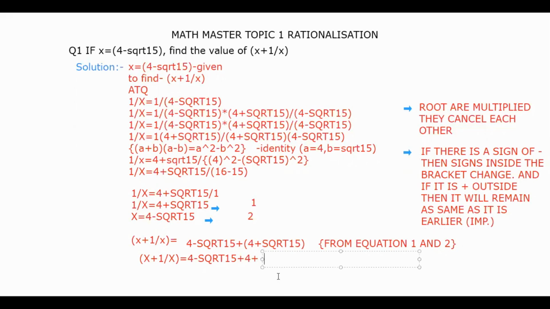Then 4 plus square root 15. So now we know that the plus and minus square root, one is negative and one is positive, so they will cancel each other. Let's also mark it here as it is also a property.